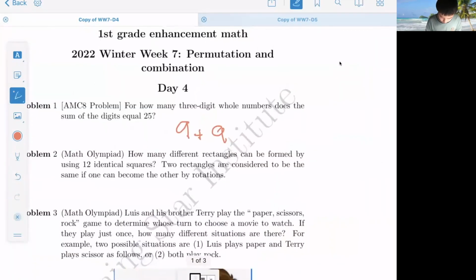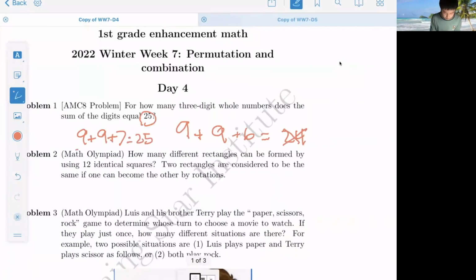Once we add a 6 to this, we get 24, and the problem requires a 25, so this will not work. So the next larger number after 6 will be 7. So 7 plus 9 plus 9 equals 25.